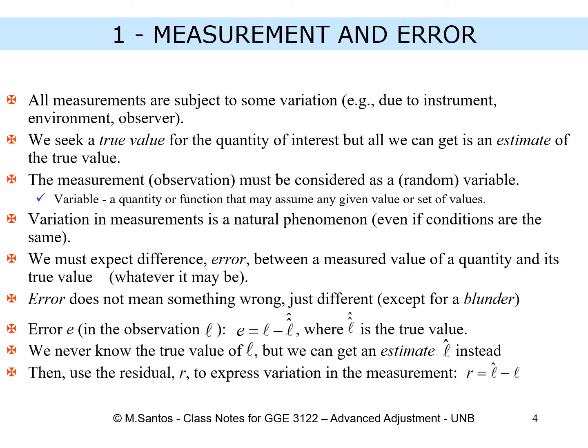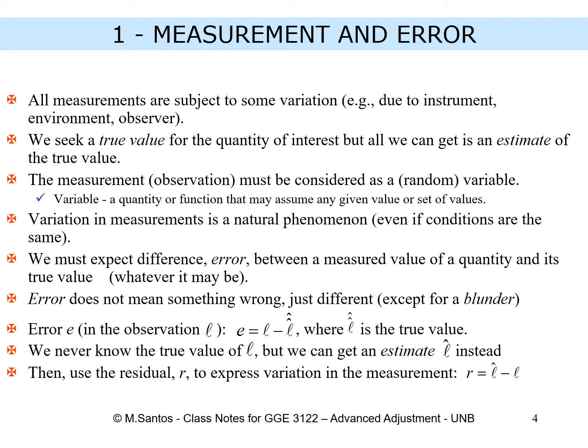Error does not mean that something is wrong, just that it is different, except for a blunder. We can say that there is an error, E, in an observation, L, by computing the error as the difference between the observation and its true value. So the symbol L with the two hats represents the true value of the observation.